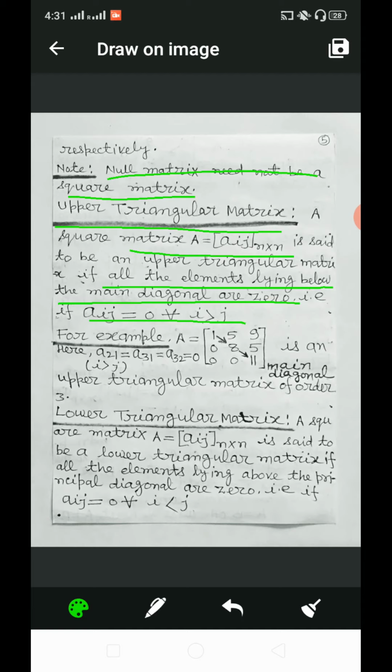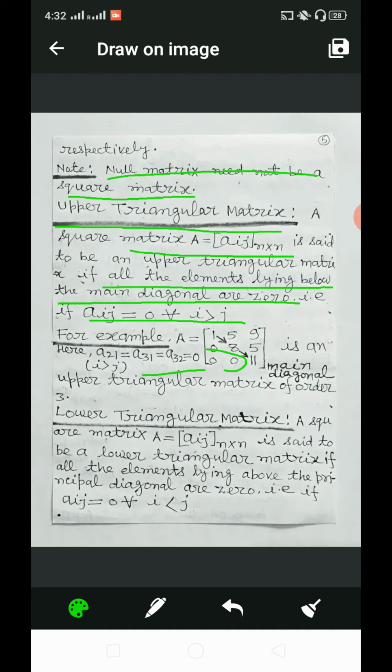A square matrix A, the main diagonal elements are 1, 8, 11, and below this all the elements are 0. So this is called an upper triangular matrix. Here the elements A21 is equal to A31 is equal to A32 equal to 0, and here you can see that i greater than j.